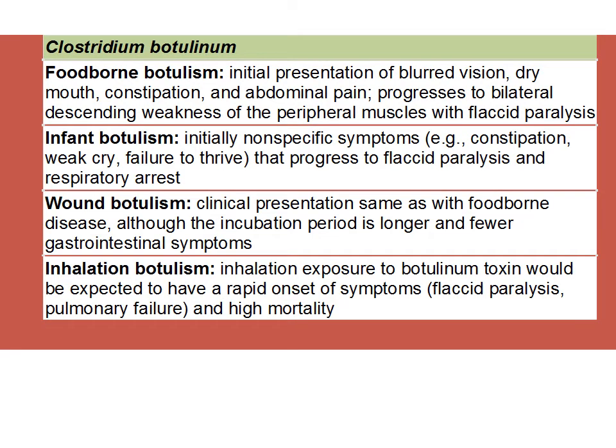Now, the picture in this one is foodborne botulism, infant botulism, wound botulism, and inhalation botulism. So you can see that depending upon where the injury is, the toxin is released. If it goes into air, it's released over there. The basic pathophysiology is that this particular bacteria releases those toxins.